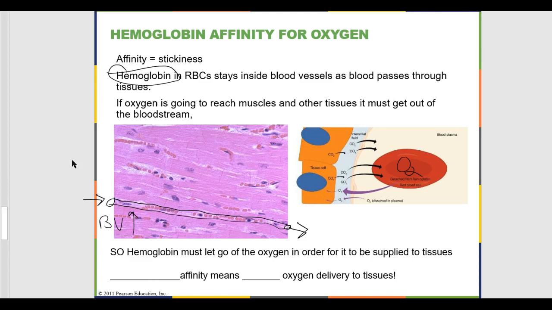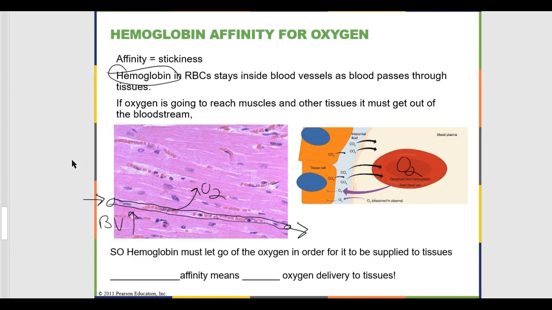So you need the oxygen to let go of the hemoglobin if it is going to enter the tissues that actually need it. In this place we've got cardiac tissue, and you can see it is highly vascular because your heart needs lots of oxygen. So the hemoglobin stays inside the red blood cell, which stays inside the blood vessel.